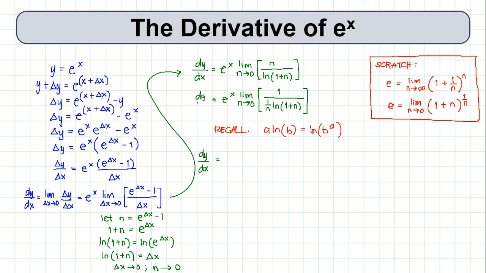Okay, sulat lang muna natin yan. Therefore, yung ating dy dx will now become equal to e to the x times the limit as n approaches 0 ng 1 over the ln of 1 plus n raised to the 1 over n. No? Lagyan pa natin ng intensity ng konti. ln of 1 plus n raised to the 1 over n.